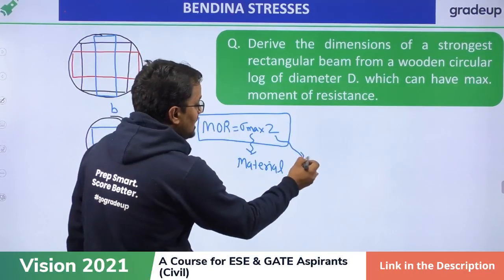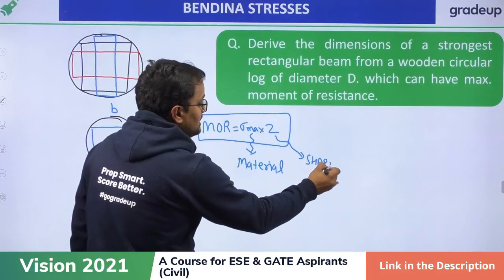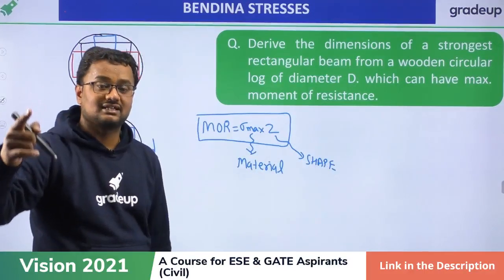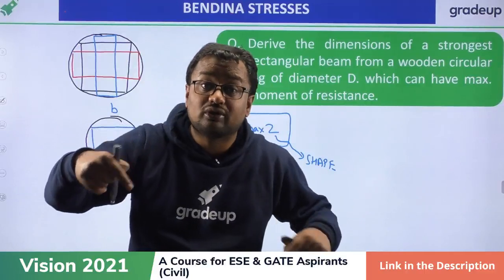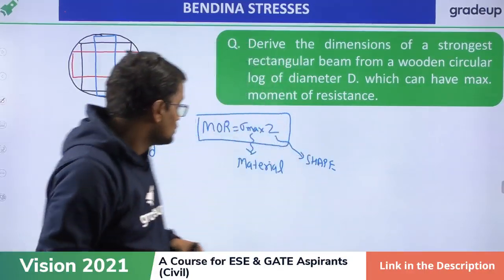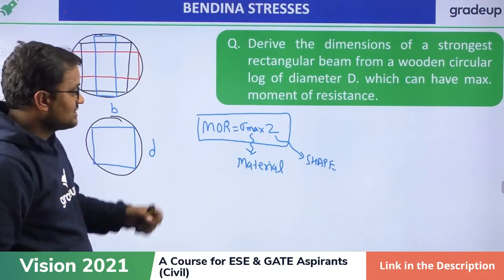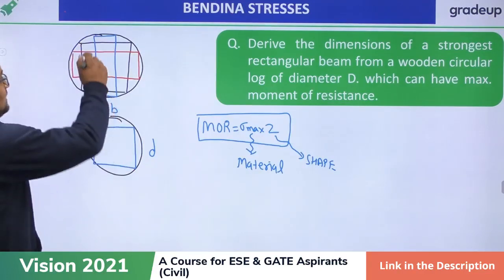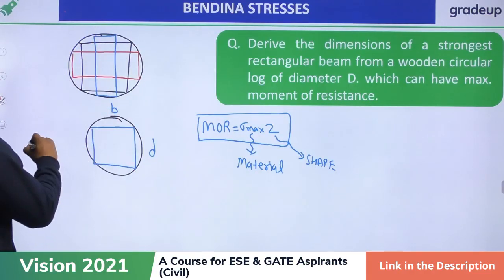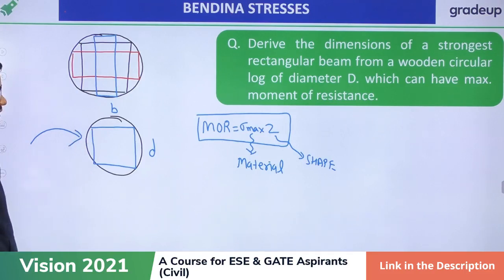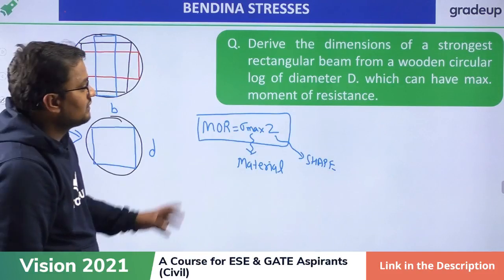And Z depends on shape. See, Z for rectangular is how much? BD square by 6. So B into D, width into depth, it depends on shape. So MOR is sigma max into Z. So we can derive infinite rectangles. Out of those, I have to find out for which the moment of resistance is maximum.